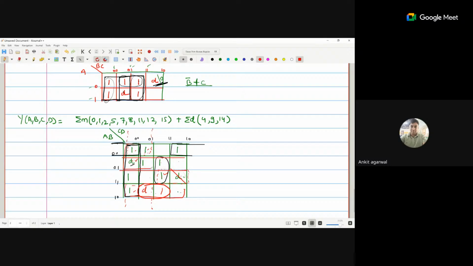This one is already considered, so I'm just taking this one, these two, and this last one with this. So two min terms. The whole objective is to reduce the number of terms.